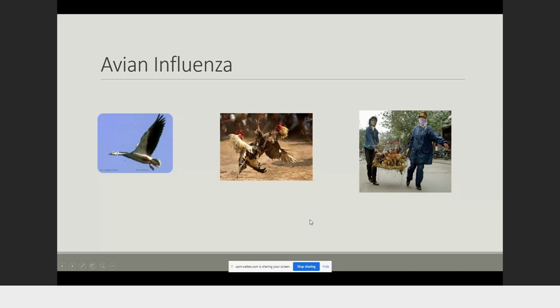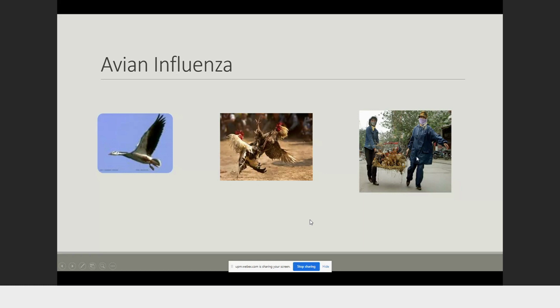On top of that, there is cockfighting, which is quite famous in Southeast Asia, even in Malaysia, in the eastern region, and some places in Thailand. So cockfighting is actually one of the reasons how avian influenza originated.